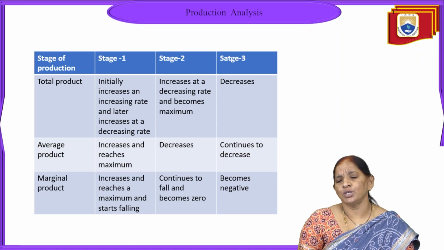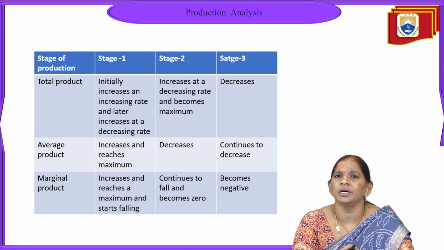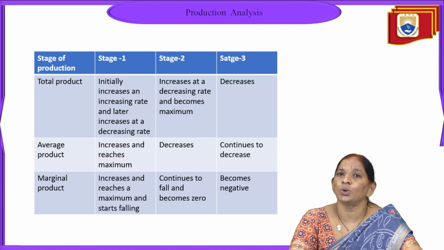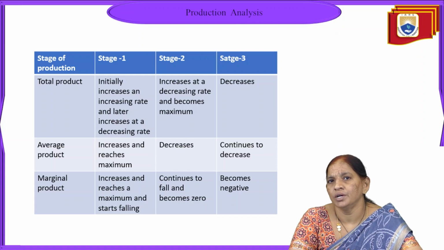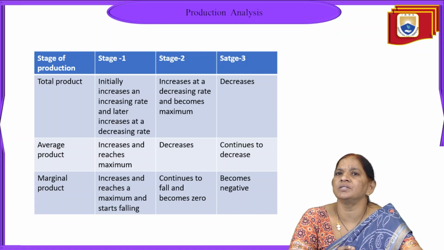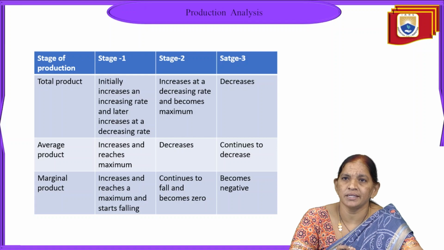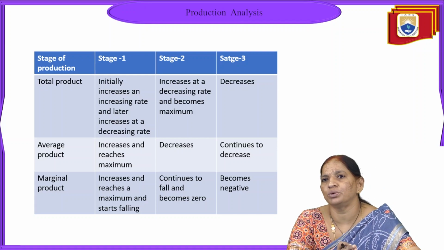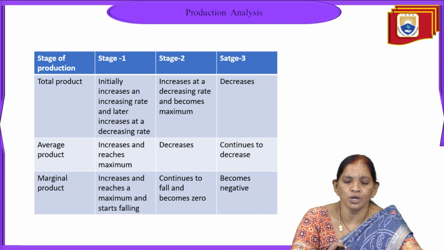With this we come to a conclusion about the 3 stages given in the short run production law of variable proportion. Total production in the first stage initially increases, in the second stage starts to decrease, and in the third stage decreases totally.